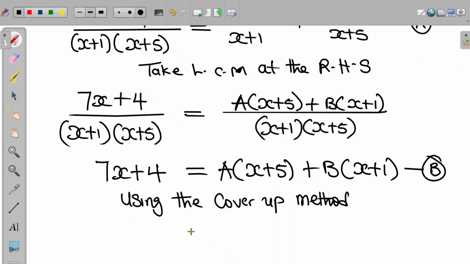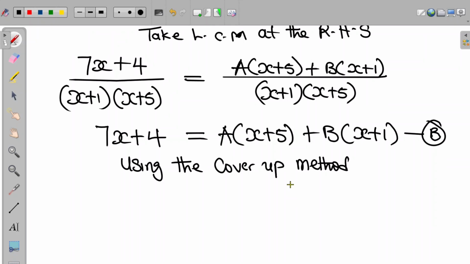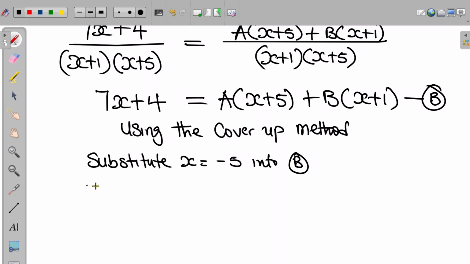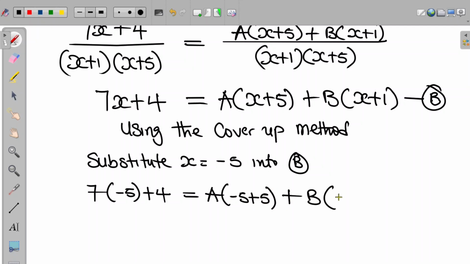So using the cover-up method, the idea here is that we will plug in convenient values of x in order to eliminate any one of the variables. So looking at equation B, we can substitute x to be equal to -5. Now we have that 7 multiplied by -5 plus 4 is equal to A(-5 + 5) + B(-5 + 1).